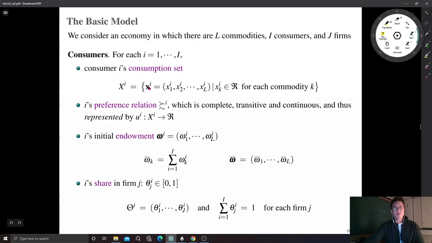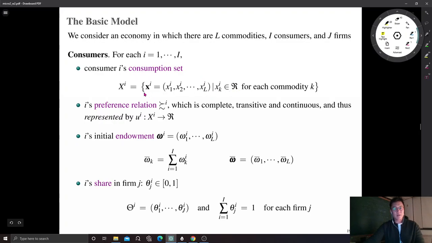Each consumer can choose one bundle consisting of L commodities. And some might be inputs, like leisure choice in the Robinson Crusoe economy. So some commodities can be used for production, and some commodities can be used just for consumption.